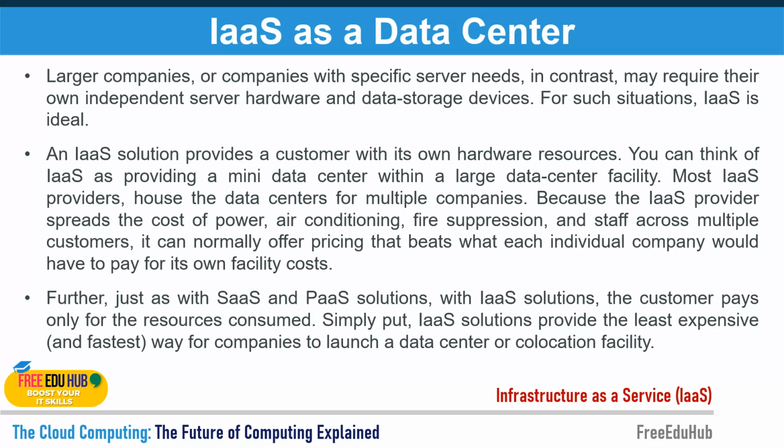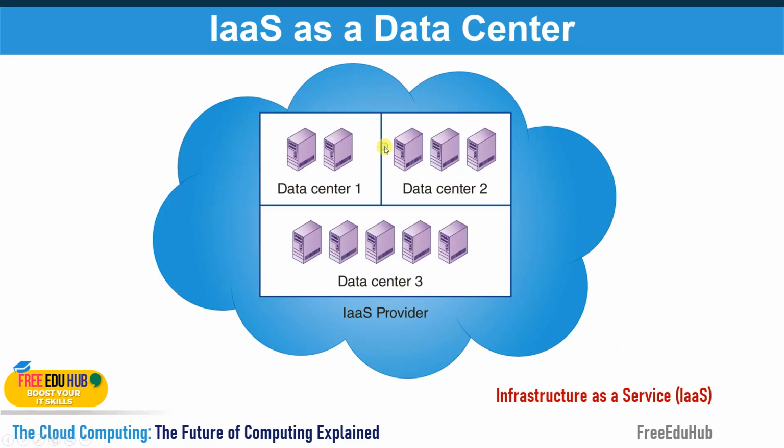They'll give you a price bundle in which everything is included, so that you don't have to worry about all the recurring costs associated with on-premises data centers. Further, just as with SaaS and PaaS, as we covered earlier, the infrastructure as a service solution is no different. The customer pays only for the resources consumed. Simply put, an infrastructure as a service solution provider is the least expensive and the fastest way for a company to launch a data center at a co-location facility.